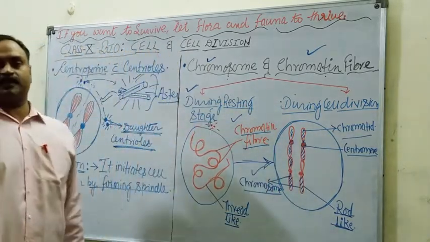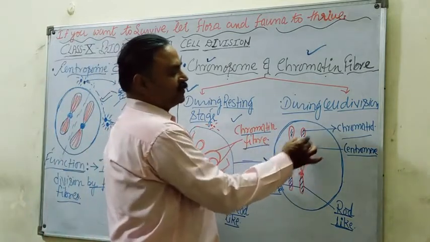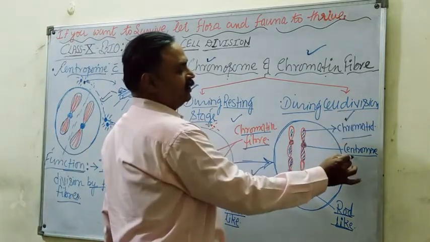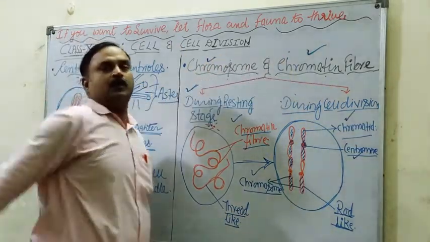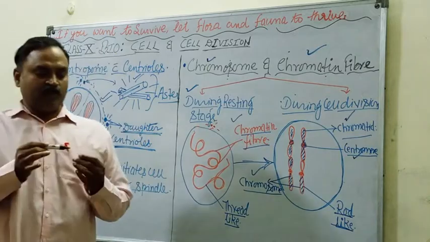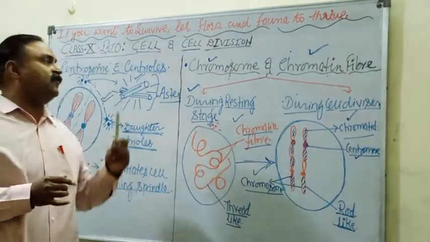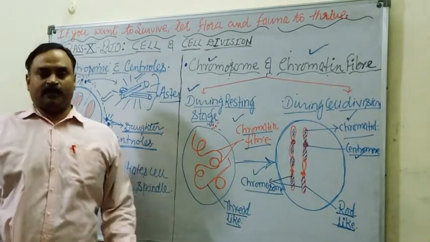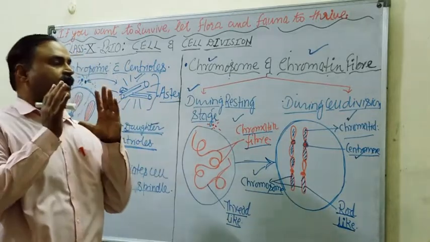Now when we see the structure of the chromosome in detail, the chromosome consists of two parts, chromatids and centromere. Now what is the function of chromosome? The very popular function of the chromosome is that it carries hereditary character from one generation to another, or it is responsible for heredity.